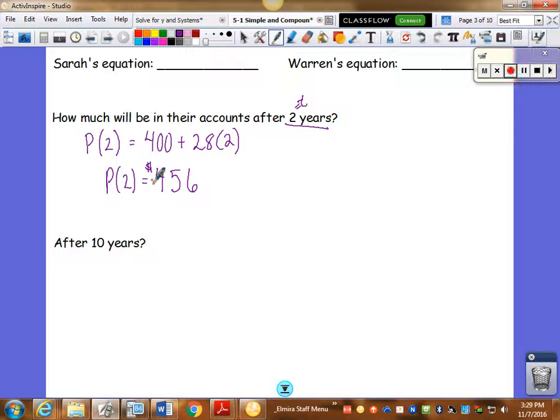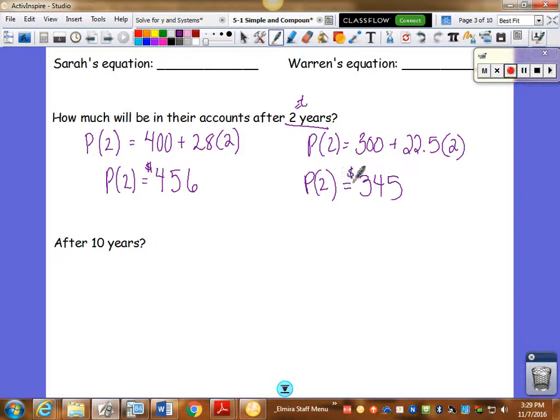If we did the same thing for Warren, P of 2 would equal 300 plus 22.5 times 2. That's $345.